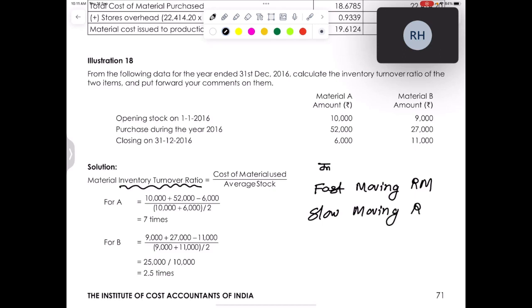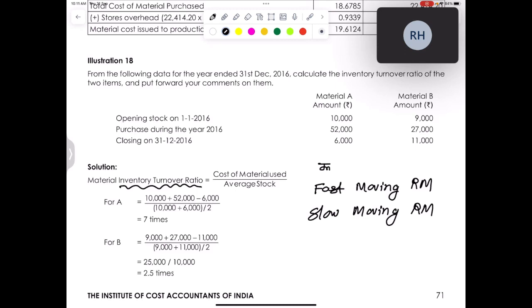The higher the inventory turnover ratio, the faster will be the moving of that raw material. So if the inventory turnover ratio is comparatively low, it indicates that the raw material is a slow moving raw material. You don't have to store much quantity of this particular raw material.